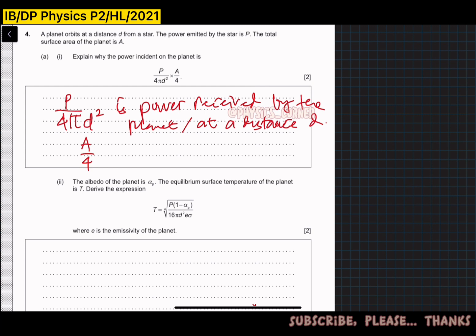area, projected area, or maybe cross-sectional area of the planet. Done.